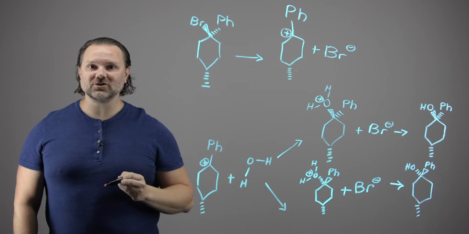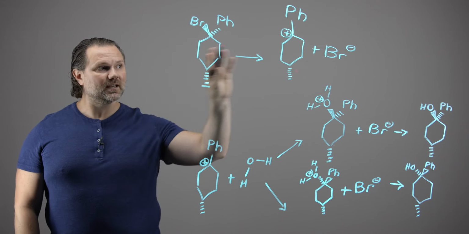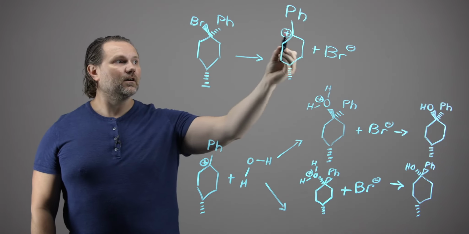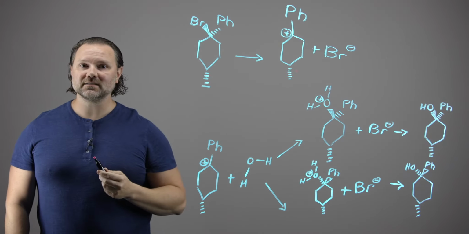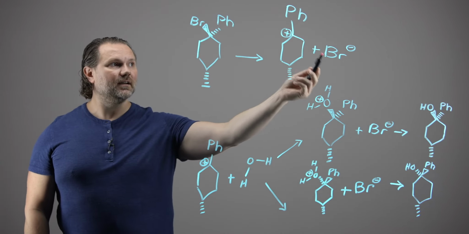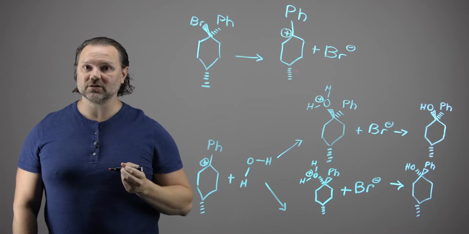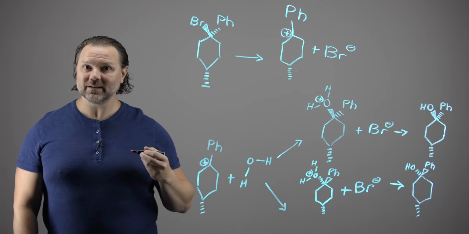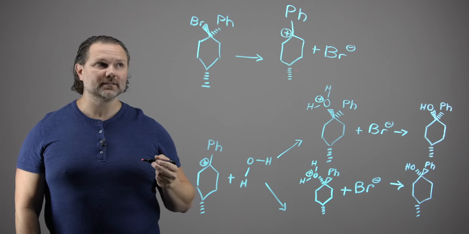What has changed as we go through the first step of our reaction mechanism? We can see that our bromine has come off of that carbon, forming bromide and forming a positively charged carbon. We're going to call that a carbocation, and we'll hear that language more in the next unit.